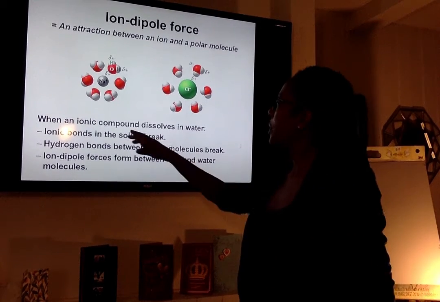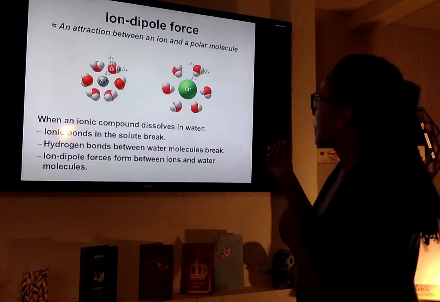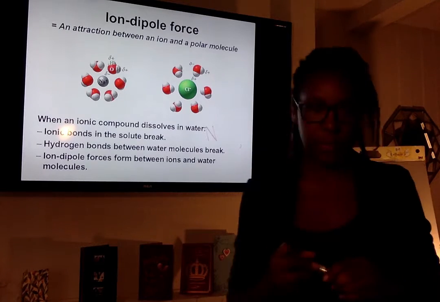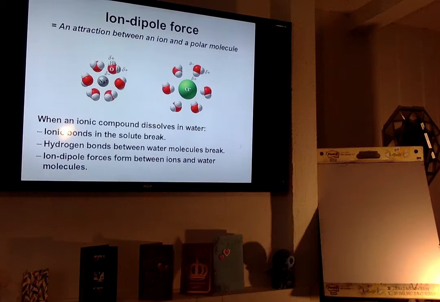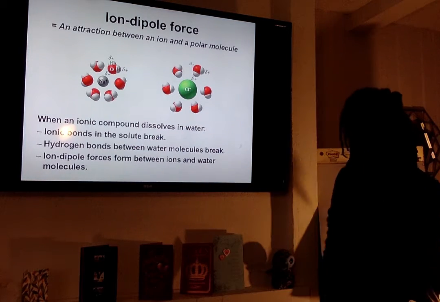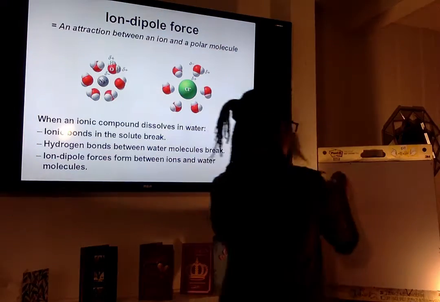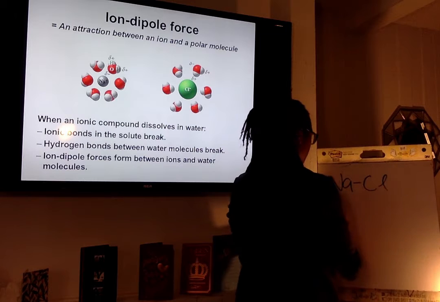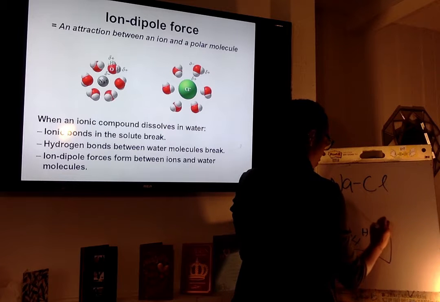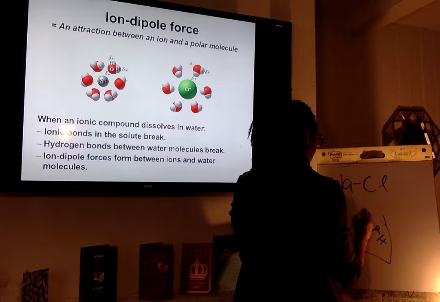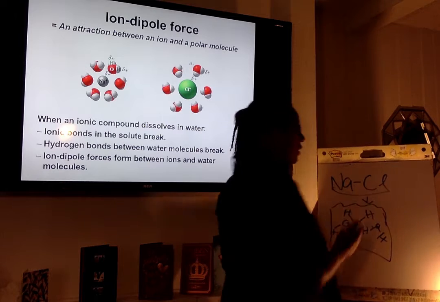So when you're thinking of these ionic compounds dissolving, like sodium chloride, you're putting your sodium chloride into the water.